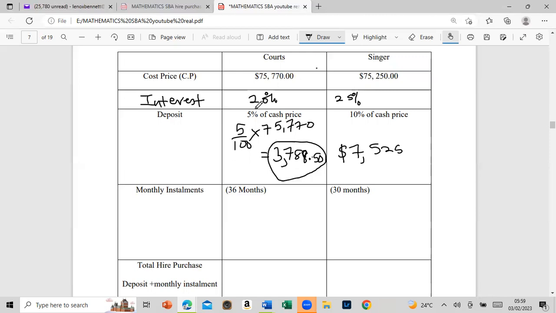So what this is, we're going to increase the cash price by 20% in order to get the total, right? So it's 120. So we're going to obtain the monthly installment. So it's 120. So increasing the cash price by 20%. That would be the hire purchase rate.